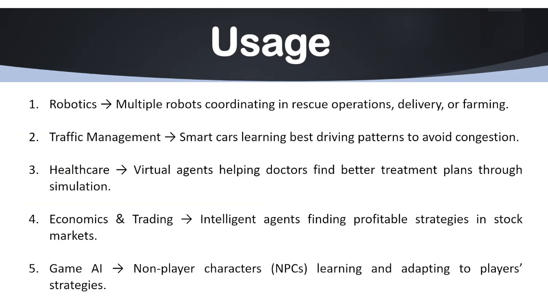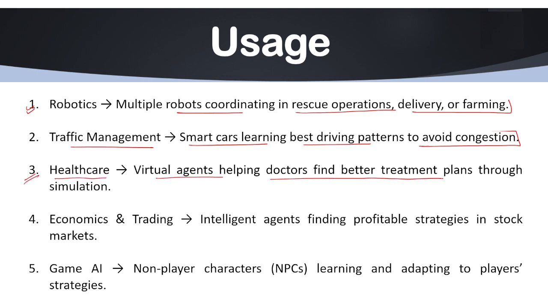Now we have some usages. If we talk about robotics, multiple robots coordinating in rescue operations like delivery or farming. Traffic management, smart cars learn best driving patterns to avoid congestion. Next is healthcare, virtual agents helping doctors find better treatment plans through simulation.